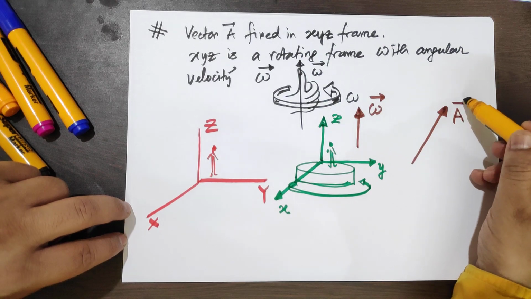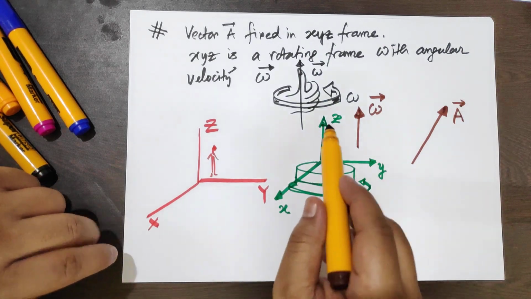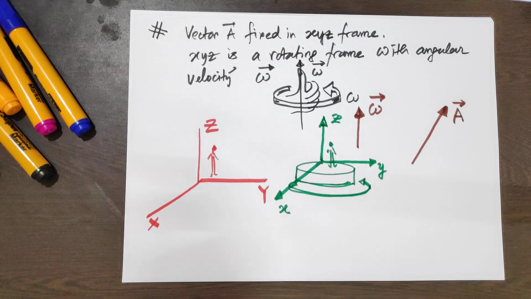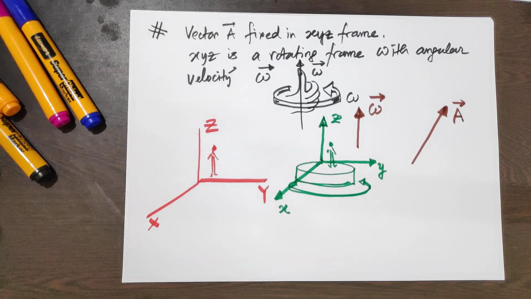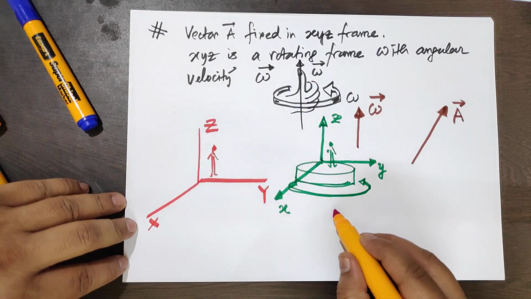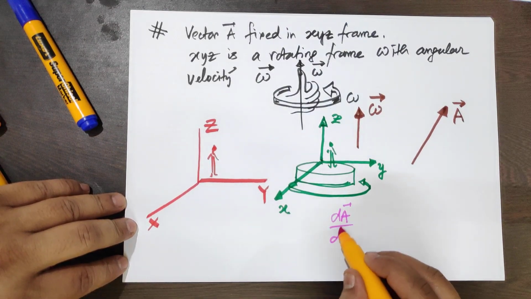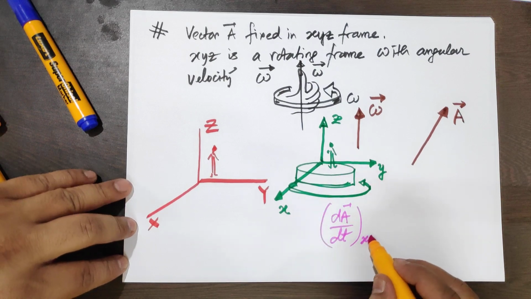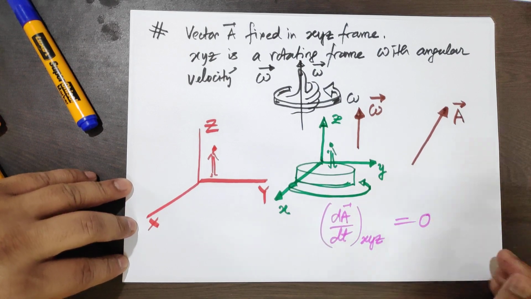Okay, now you have a vector A. This vector A is fixed in the small x, y, z frame. So if you differentiate the vector from this small x, y, z frame, you will get 0 obviously, right? So dA/dt with respect to small x, y, z is equal to 0.